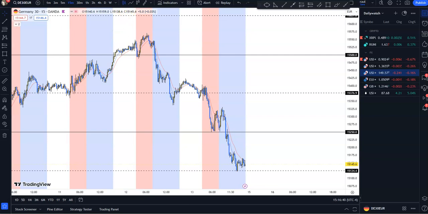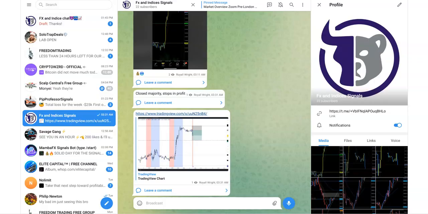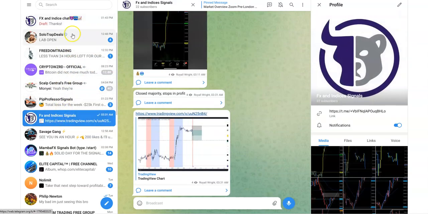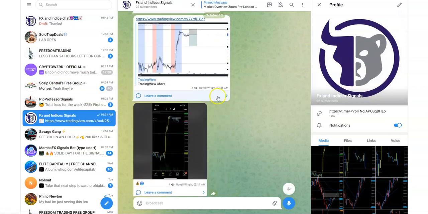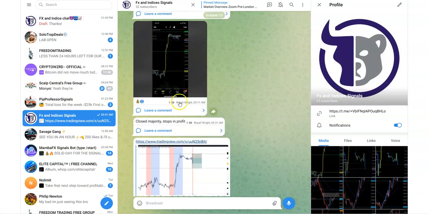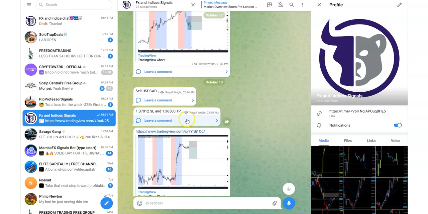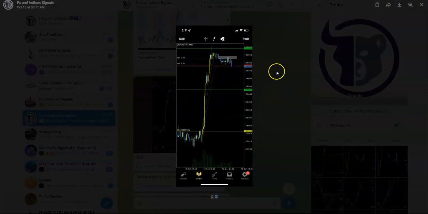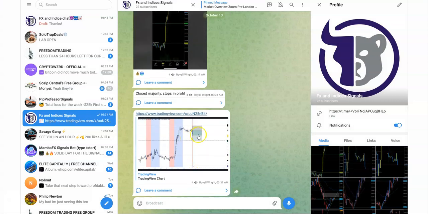I'm gonna pull up my group here for a second and show you guys. Let's see. Right, yep. So okay, so we can go here. Ignore all this. But yeah, so call my trades. Sell UCAD. Boom, you can see it's melting. Close majority.